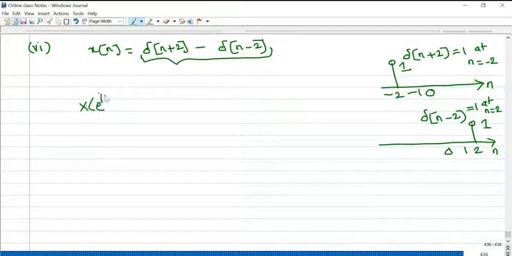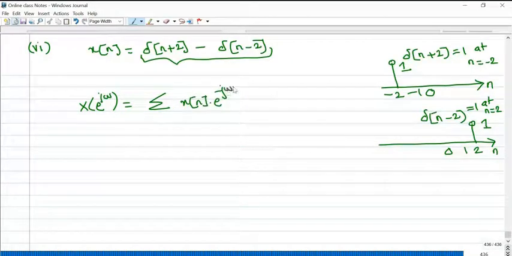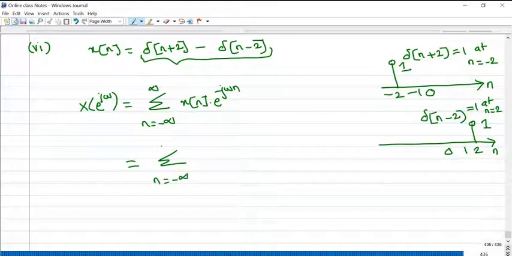So X of e power j omega equals the summation of x of n e power minus j omega n, n varies from minus infinity to infinity. The given signal has two impulse components, right?